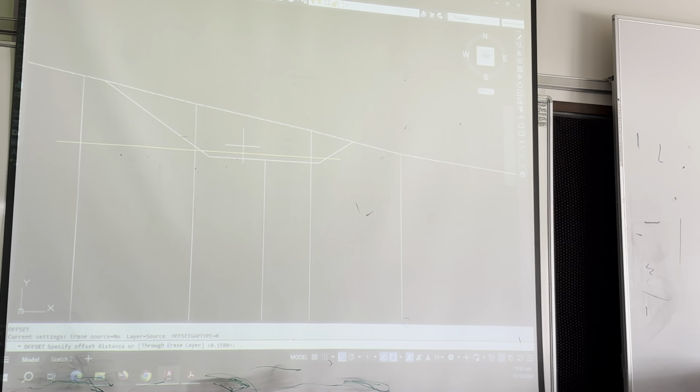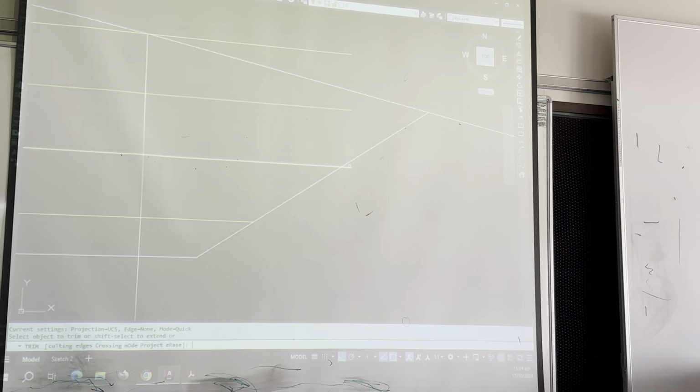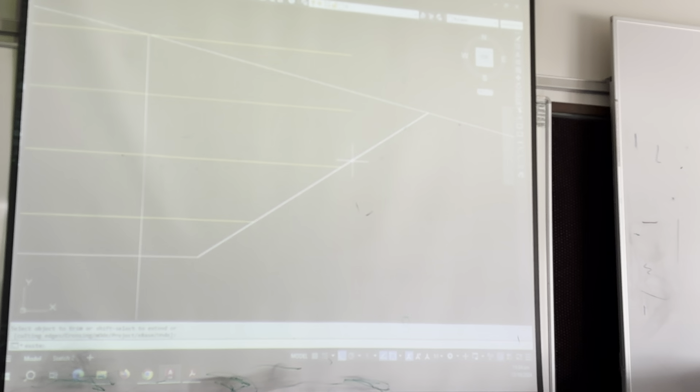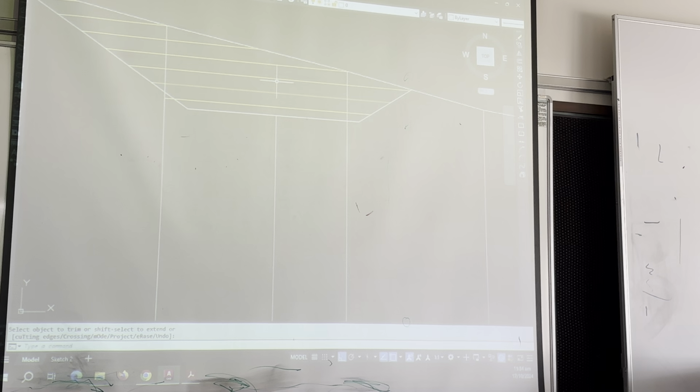Offset 0.25, and so we've now drawn the contours for that. And we'll trim that off. This will be interesting. Yep, comes in just in time. Trim that off. Right, so that's all the contours drawn in.